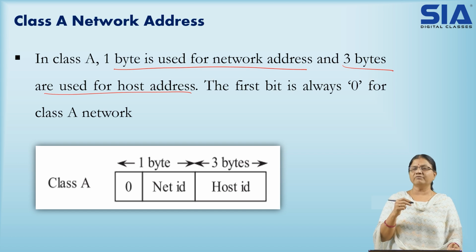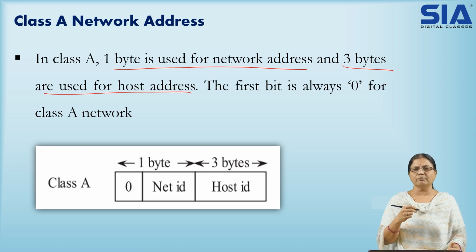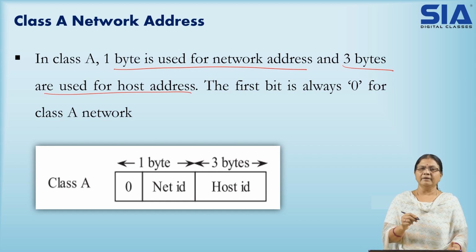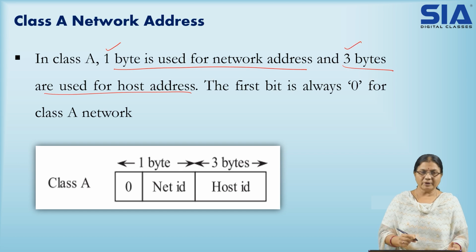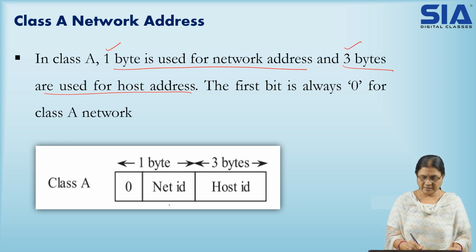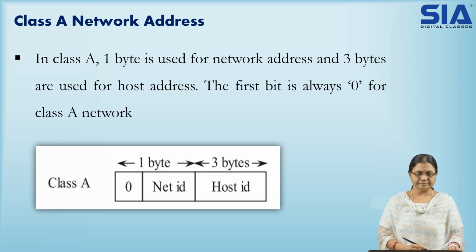Every address has two parts, one is network and the other is host. So in category A, the bytes used for network is 1 and the bytes used for host is 3.